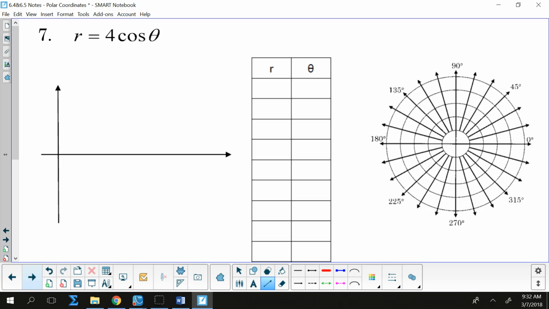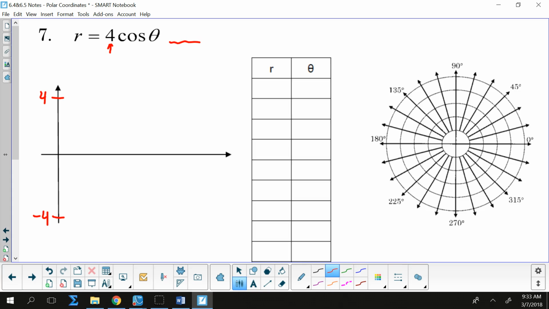So if I wanted to graph 4 cosine of theta, the 4 tells me that I have an amplitude of 4, I go all the way up to 4 and all the way down to -4 because there's no extra stuff at the end.